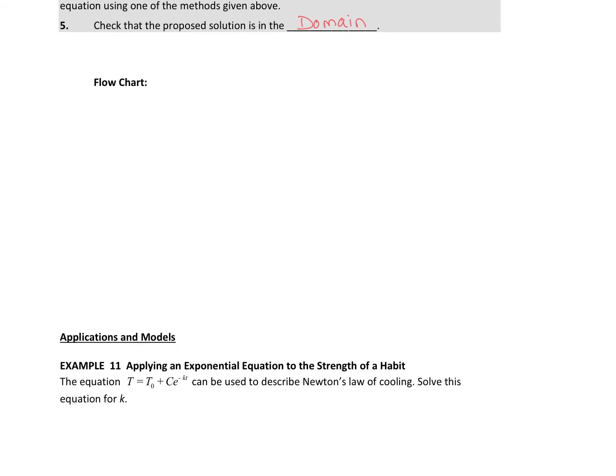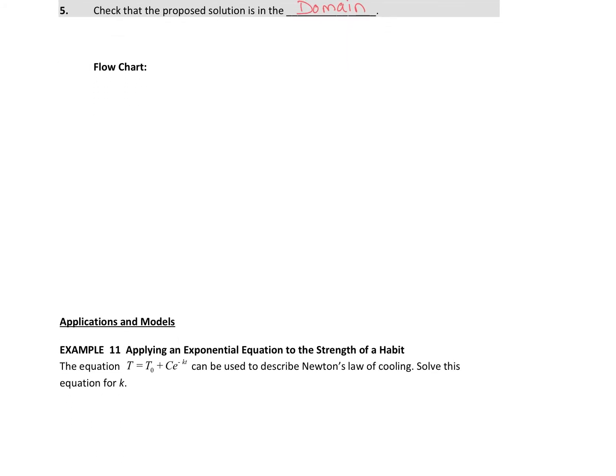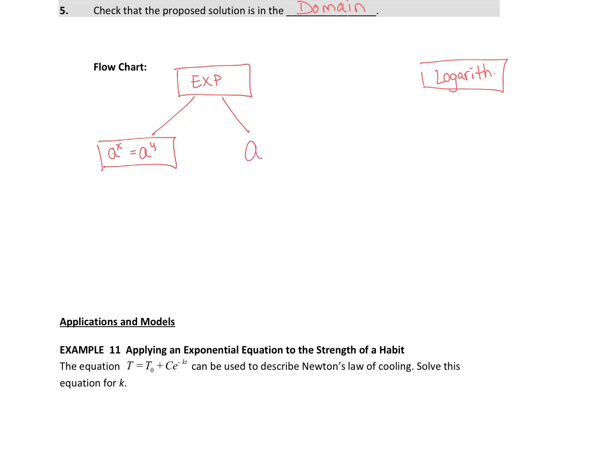So I like to make myself a little flow chart, and the flow chart looks like this. You either have an exponential equation or you have a logarithmic equation. If you have an exponential equation, it's either going to be the form a to the x equals a to the y, or a to the x equals y in general.